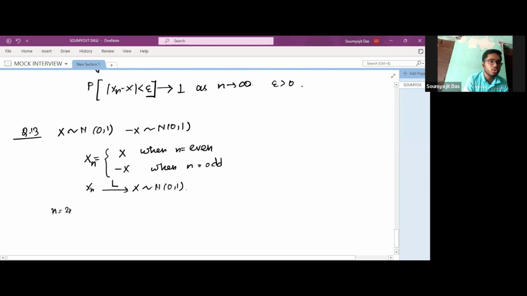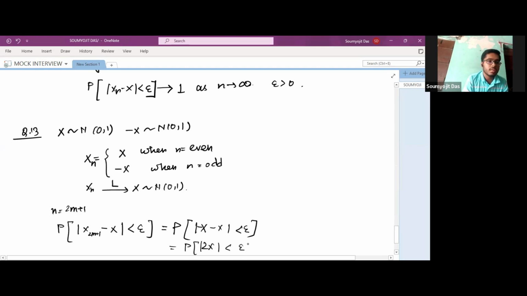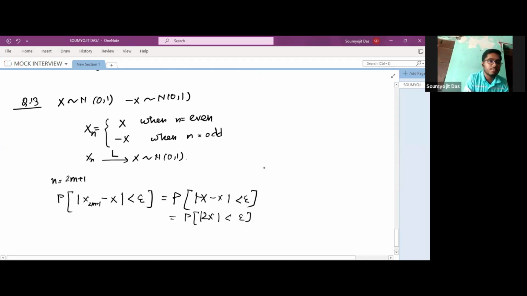But if we consider the case of convergence in probability, let us take n to be 2m plus 1, as I have defined here minus X. Then the probability that |Xn minus X| is less than epsilon becomes the probability that 2|X| is less than epsilon, where epsilon is any value greater than 0.